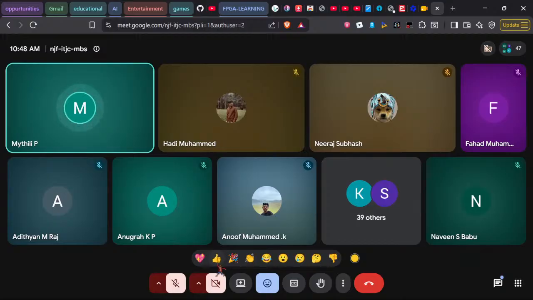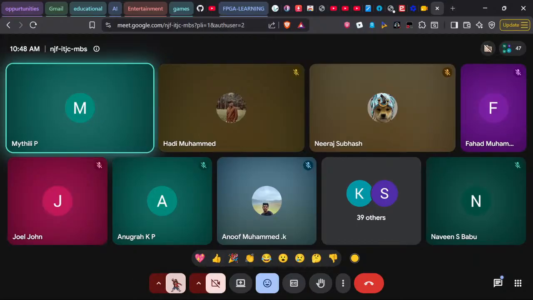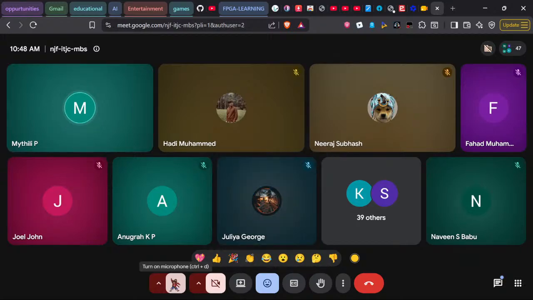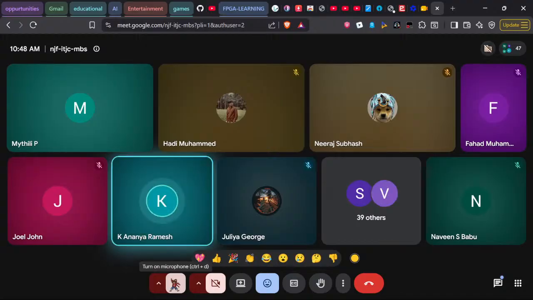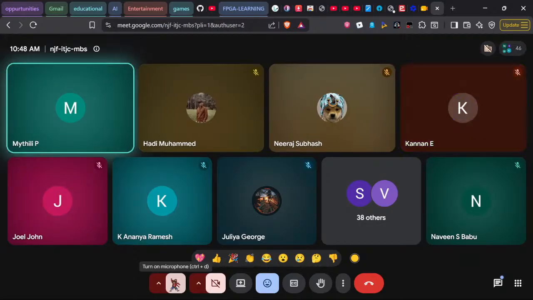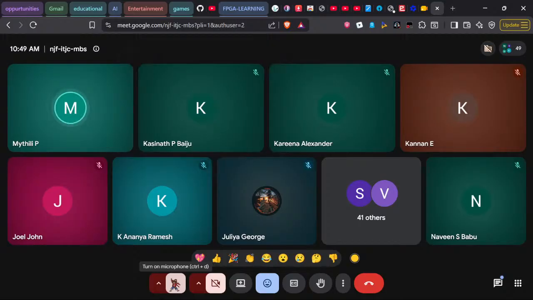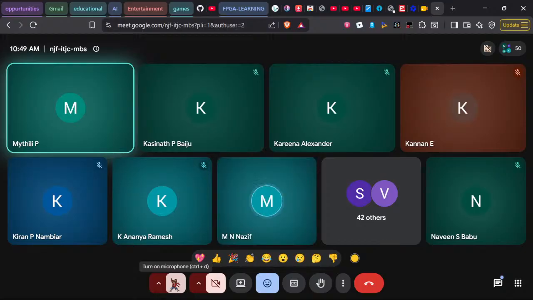Just attendance. Joel John, present, miss. John Zubin, absent. Julia, present, ma'am. Ananya, present, ma'am. Karina, present, ma'am. Kasinath, present, ma'am. Kiran, present, miss. Nasif, present, miss.